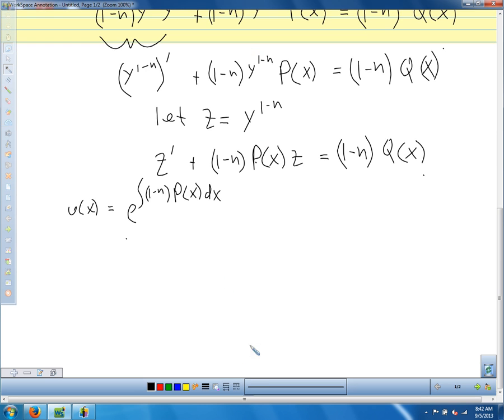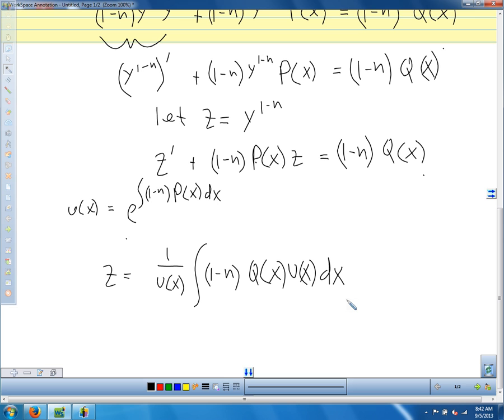And then we can find our solution. We say that z equals 1 over u of x, just like we did before, the integral of, we still have this factor here, (1 minus n) q of x u of x dx.